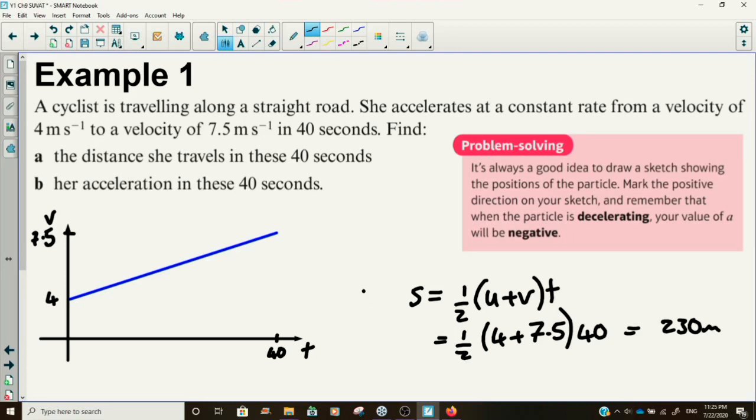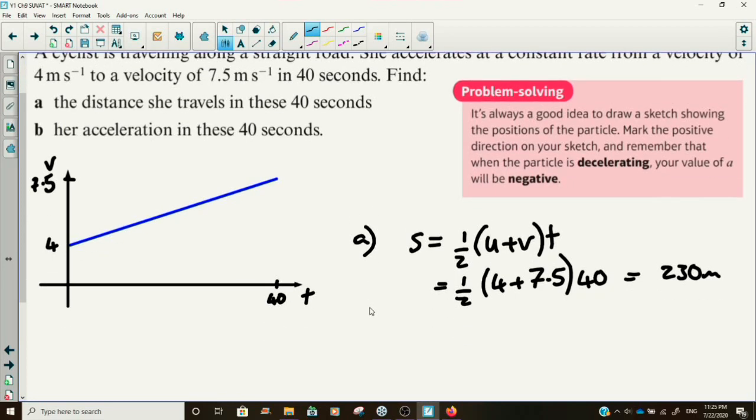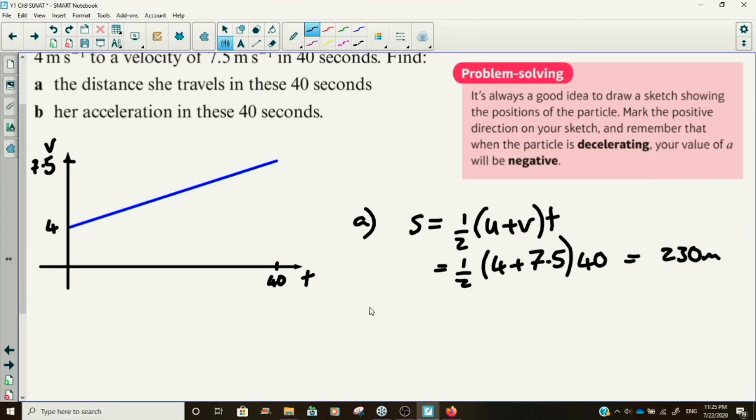Let's label that. Now part B, we need to work out the acceleration during that 40-second period. So let's try the other formula, V equals U plus AT. We have V, U and T. We just want to work out A, so it's a case of rearranging this.